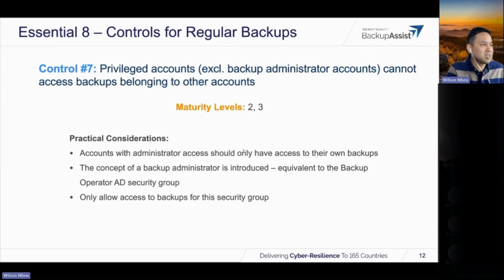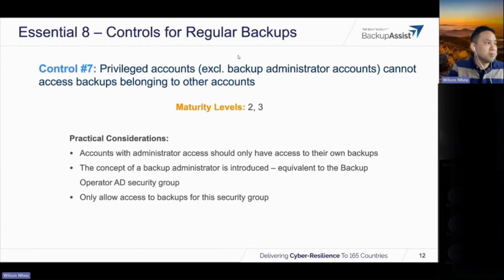Now, control number 7: we're moving on to maturity levels 2 and 3 only. As you can probably guess, this is more about ensuring that you have the right access controls for a more sophisticated attack, for example where the attack is on an administrative account or where they've managed to elevate themselves to a privileged account.